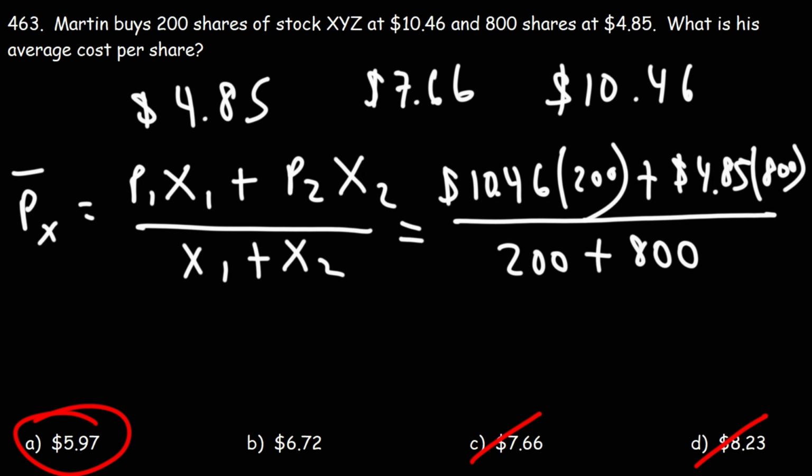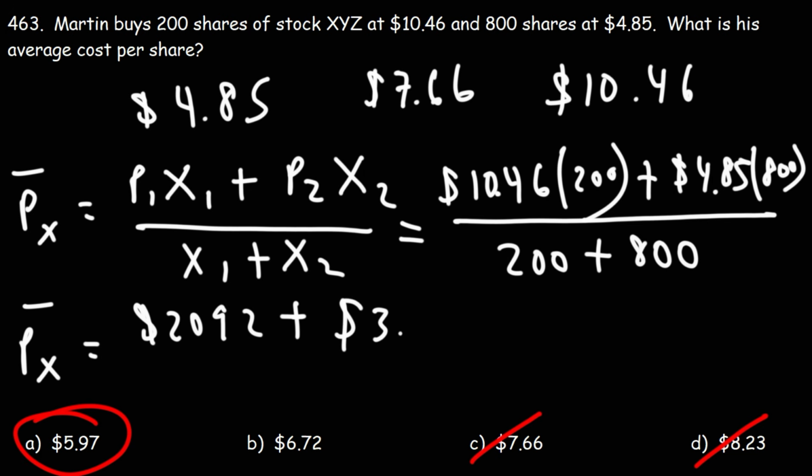$10.46 times 200 will give us $2,092. So that was his initial investment, or his first investment. And then 4.85 times 800. This represents his second investment into this company.